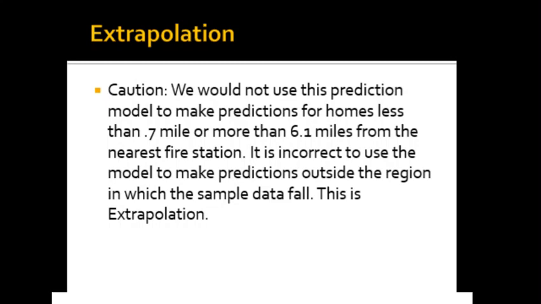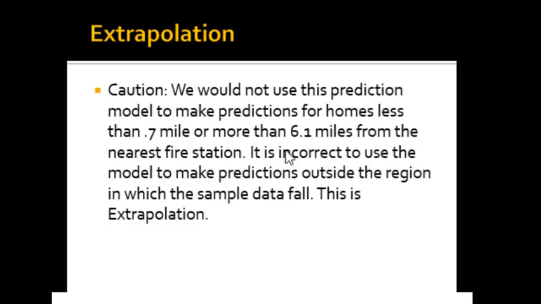Okay, now one last thing. When you're using a model like this, you have to be aware that this model can be used for prediction for the values of X that we have observed, so within that range. The original data range from 0.7 to 6.1 miles. So approximately this range is what this model can predict. We cannot use this for way outside the range.